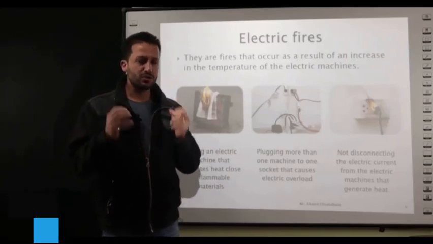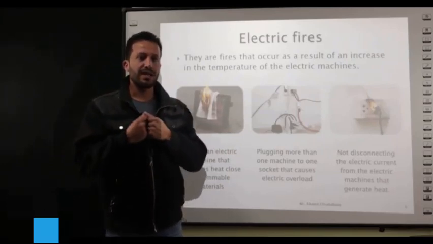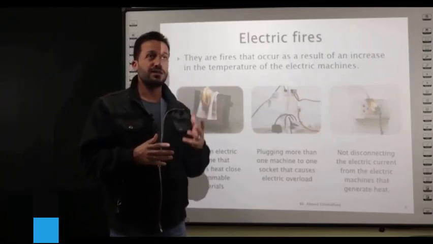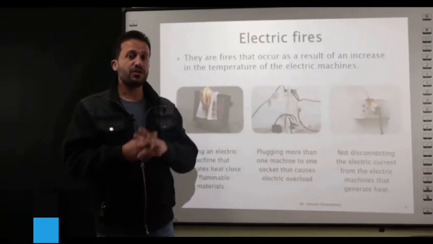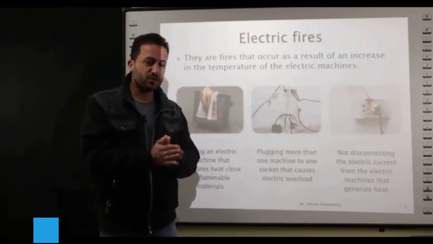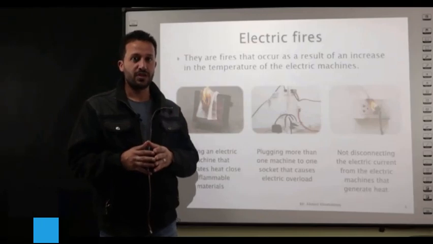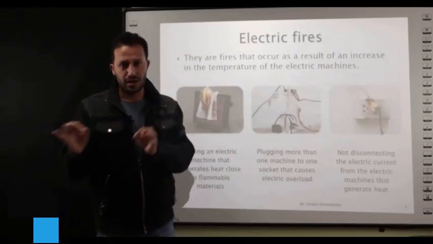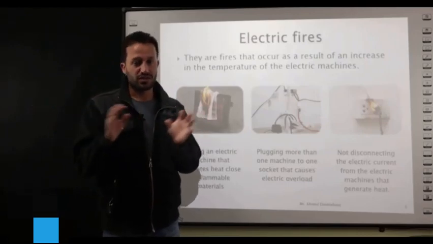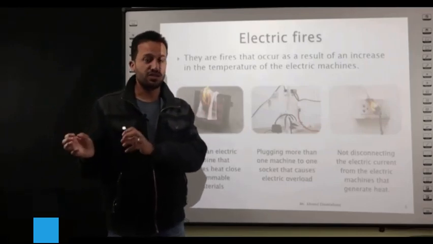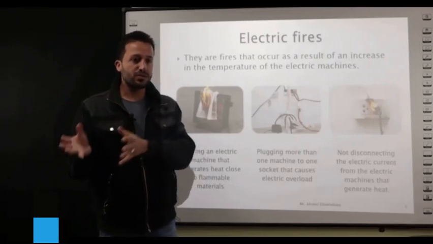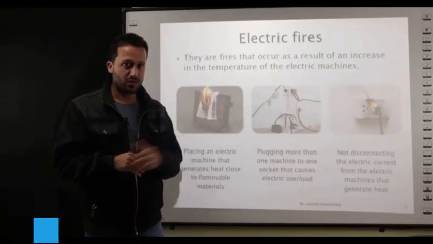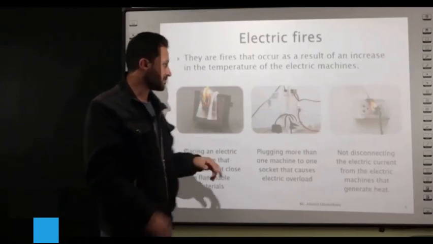In these cases we use electric heaters or electric machines that generate heat, or for heating the water. So after using these machines, you have to disconnect them. Don't forget to disconnect the electric heater or electric oven or whatever machines that generate heat. Because if you forget to disconnect it, by time its temperature will increase and may cause electric fires.